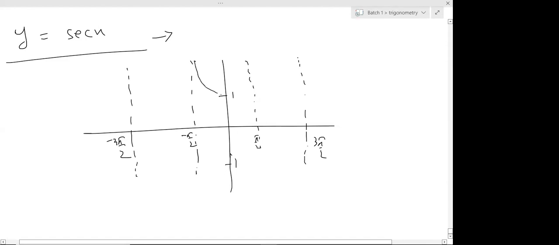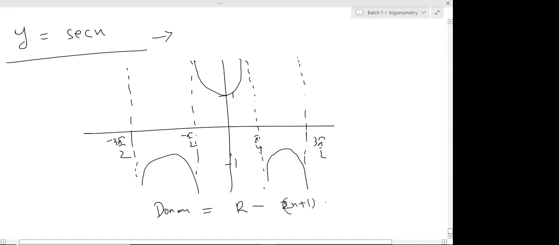This graph is like this. Alright, domain here is R minus odd multiples of pi by 2, right? We cannot put pi by 2, (2n plus 1) into pi by 2. The range again is all the values except minus 1 to 1.